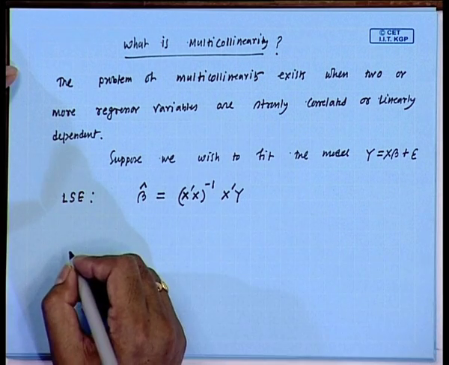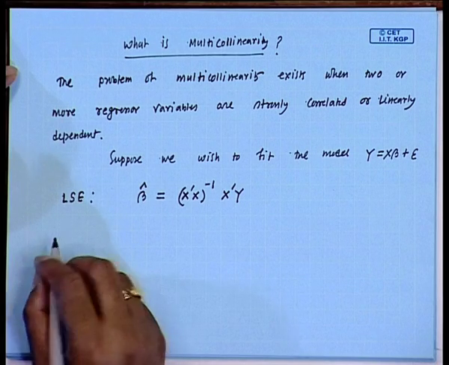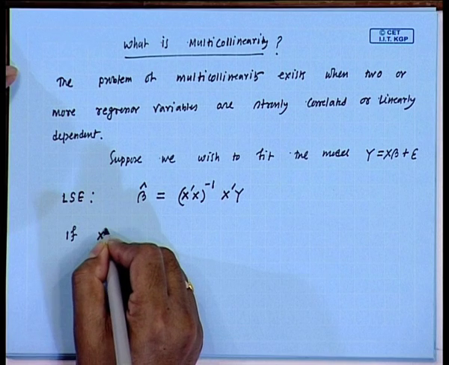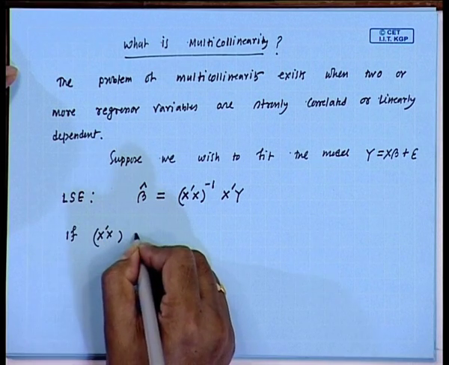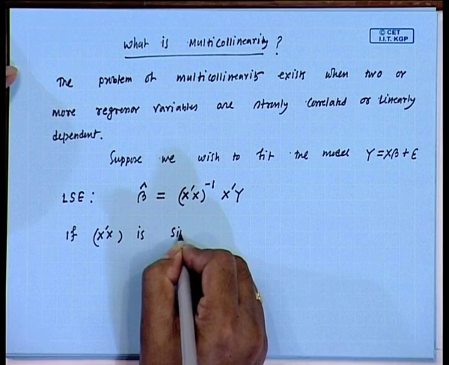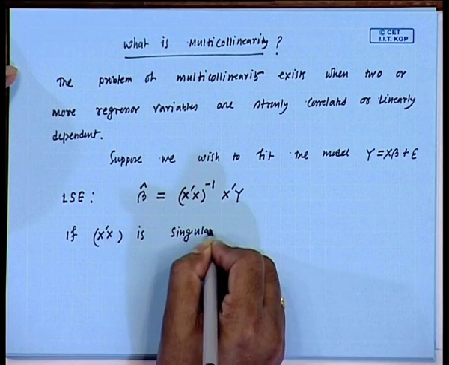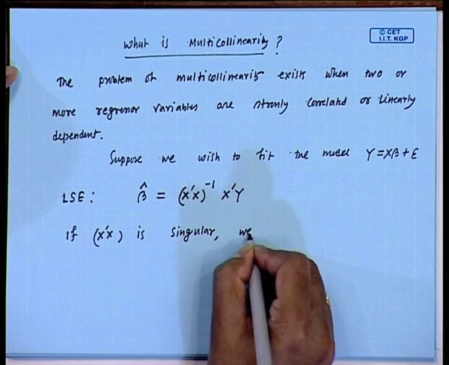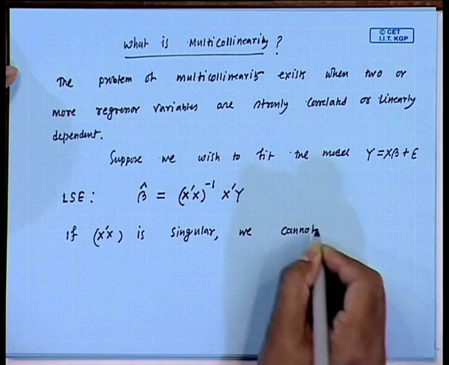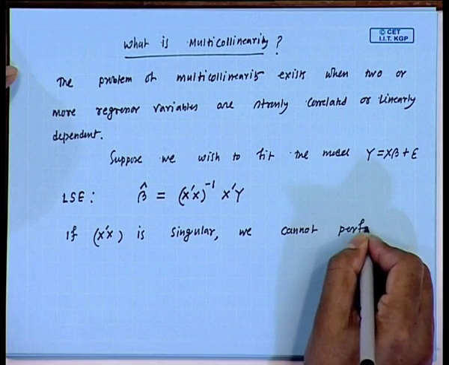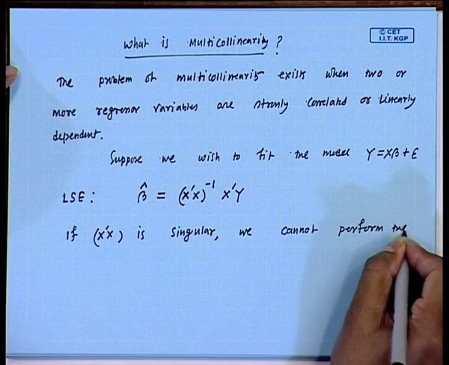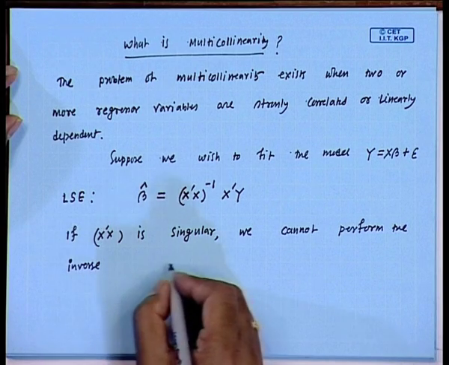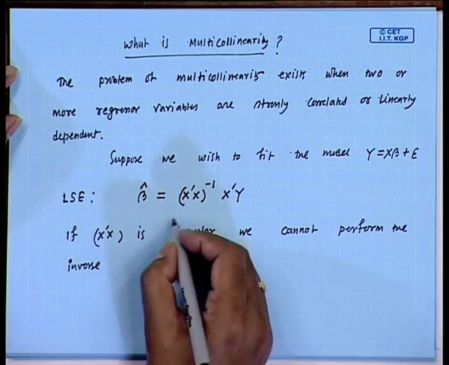Okay. So, now if X prime X is singular, then we can't perform the inverse, X prime X inverse. Okay.